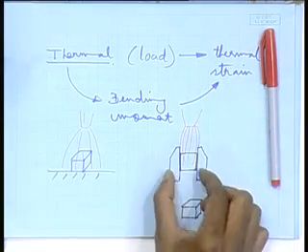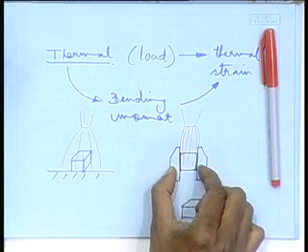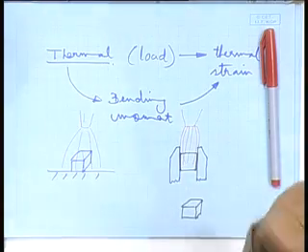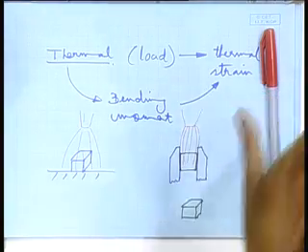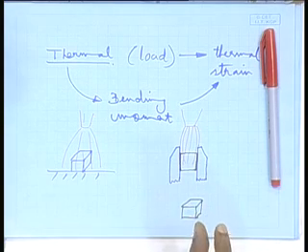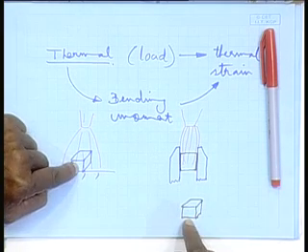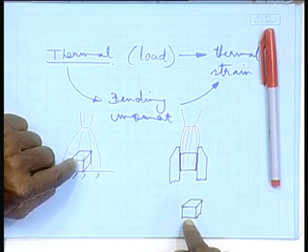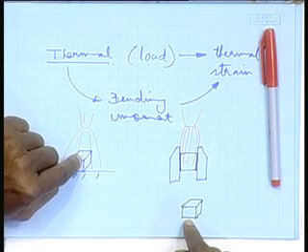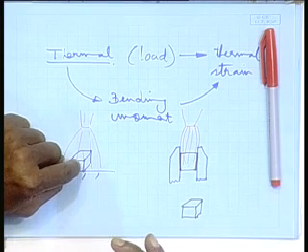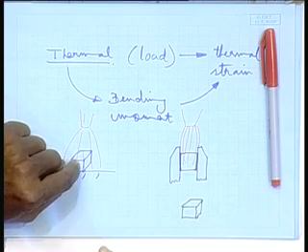Obviously, I am assuming that because of this heat, these clamps have not changed any of their physical property. That means something has changed in this cube. Now, if you measure both these cubes, which have undergone equivalent heating, we will find that this cube retained its original size.